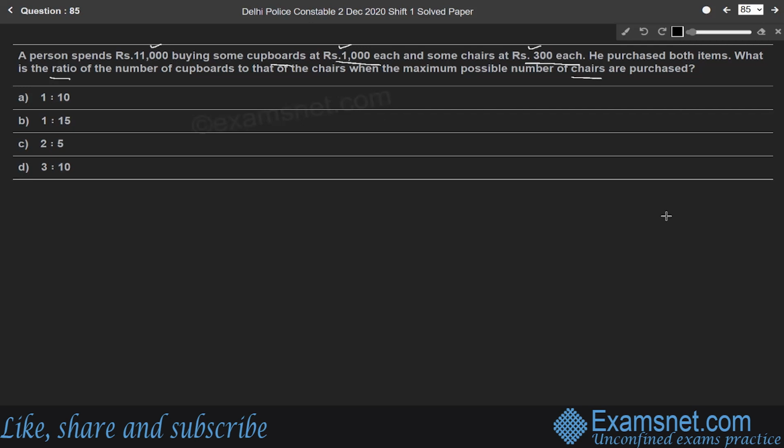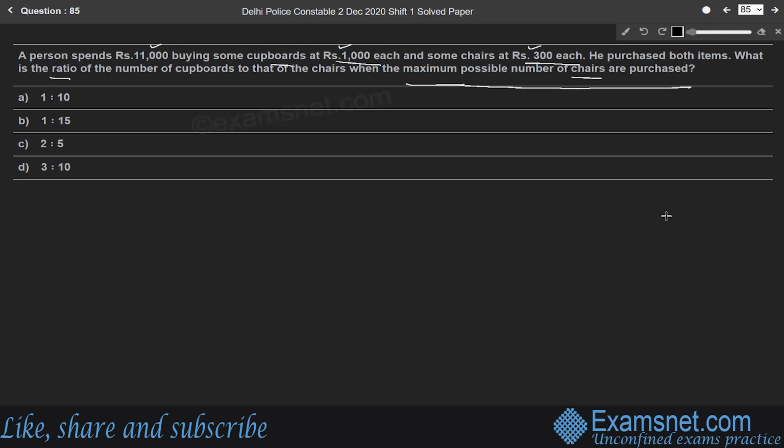So we have to find the number of cupboards and number of chairs separately, and the ratio of the number of cupboards to that of chairs. Here the condition is when the maximum possible number of chairs are purchased.